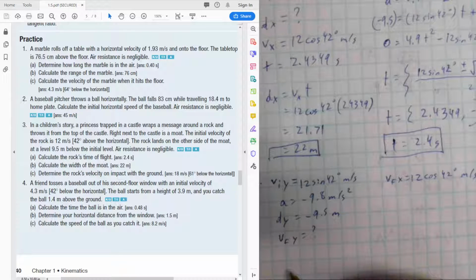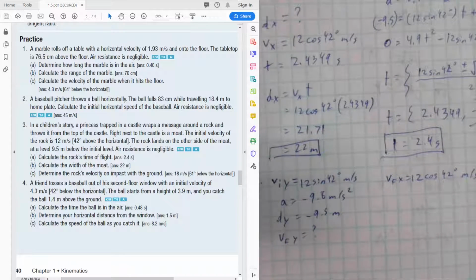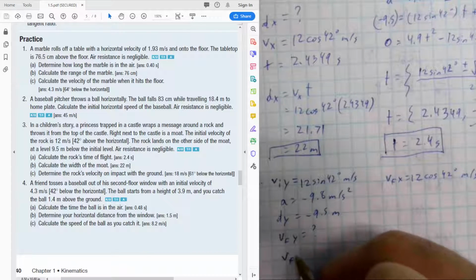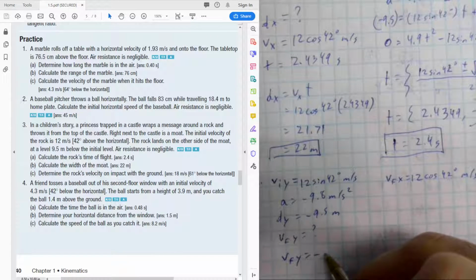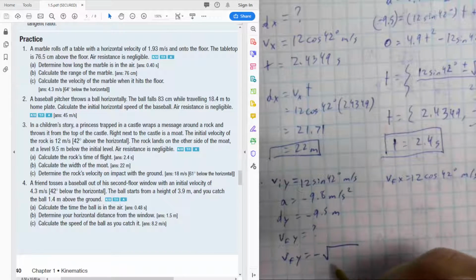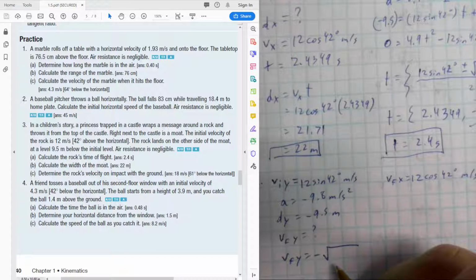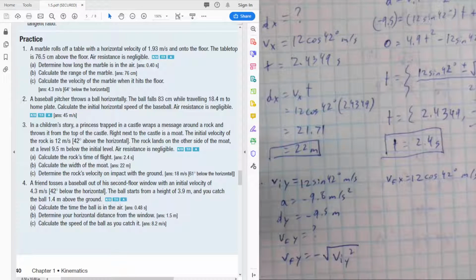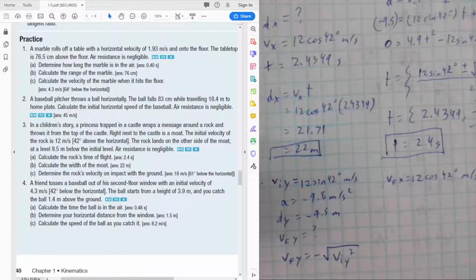So for VFY, to find this, I'm using this equation here.